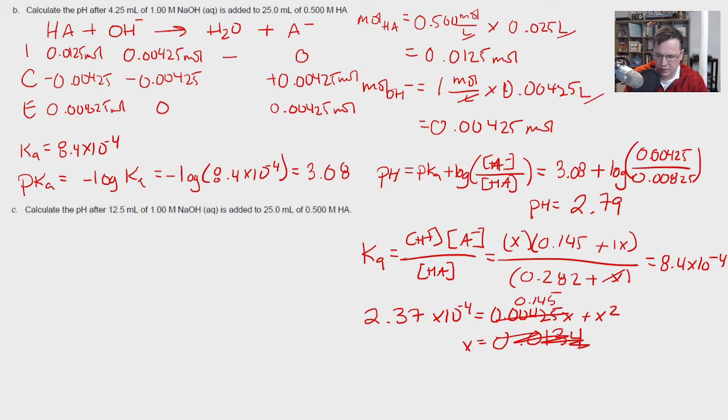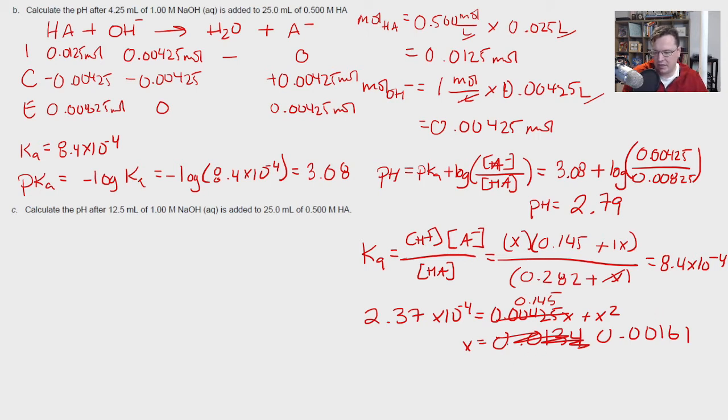So now, x squared plus 0.145x minus 2.37 times 10 to the negative 4. Solving for this, we get x equal to 0.00161, which is a much more reasonable number in my mind.